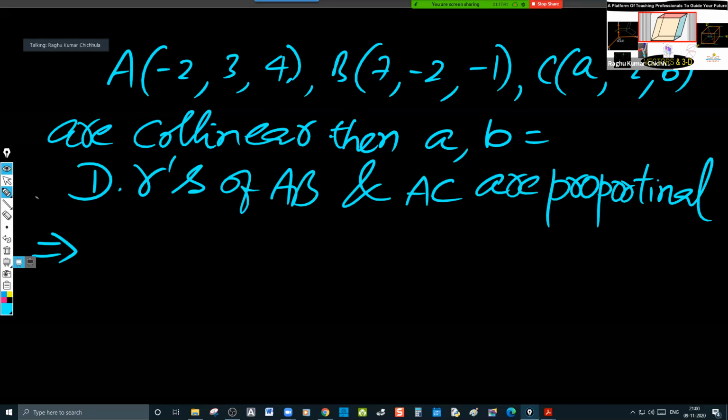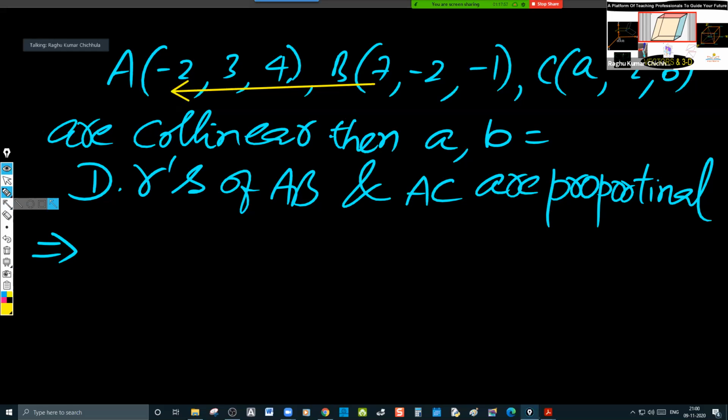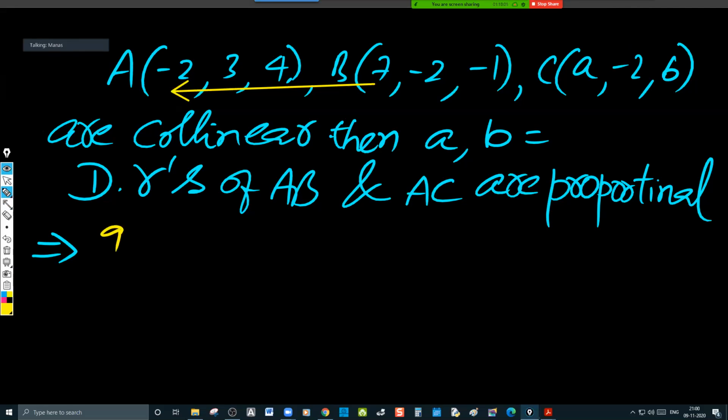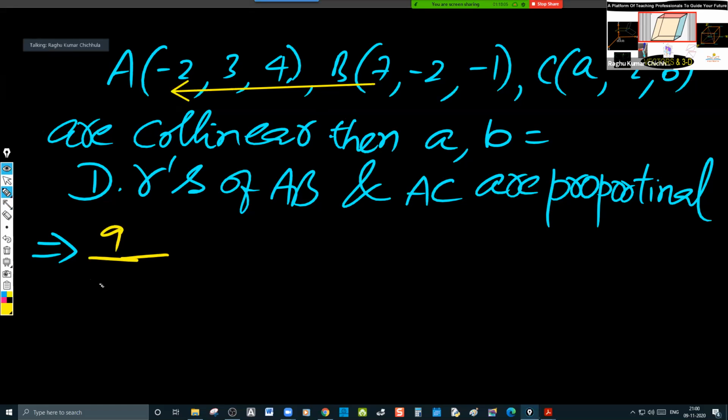I'm writing this for your better understanding. This is not just like in vector algebra, OB bar minus OA bar. Here we write it as x2 minus x1. x2 minus x1, 7 plus 2, 9, divided by a minus 7. You can even take a plus 2 also, no problem, but you must follow only fixed coordinates.